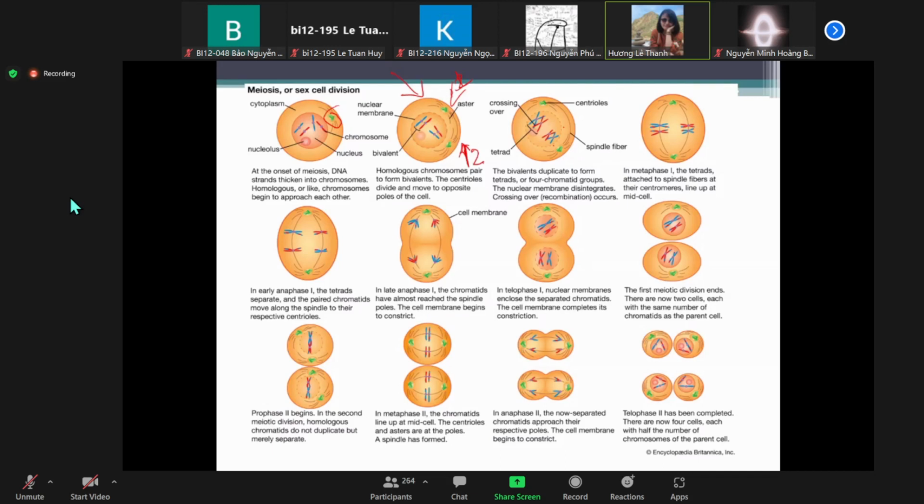Here I see this one, a new word, aster. An aster is a cellular structure shaped like a star. It means a star, consisting of the centrosome and associated with microtubules during the early stages of mitosis in animal cells.